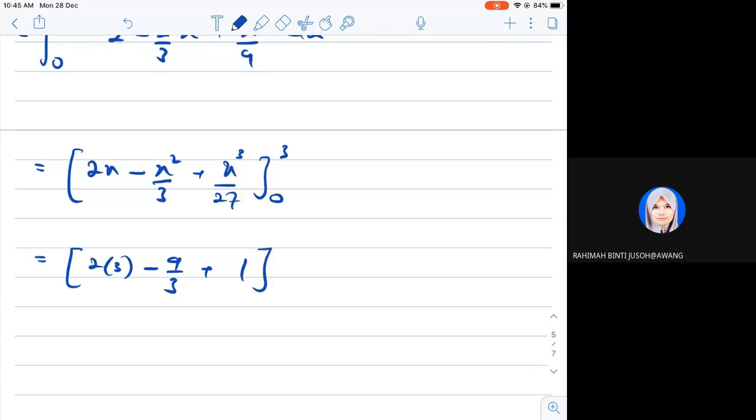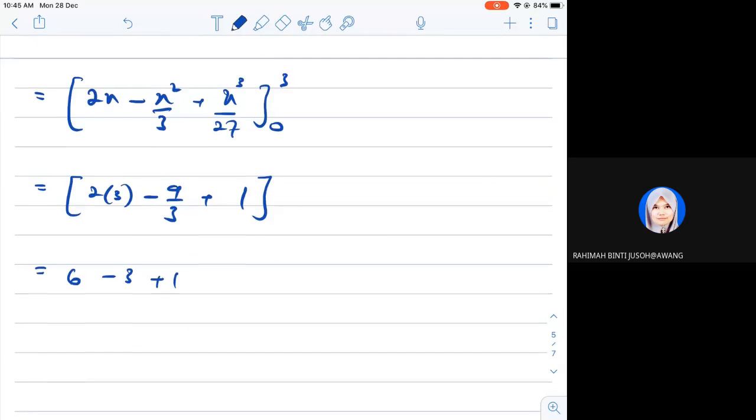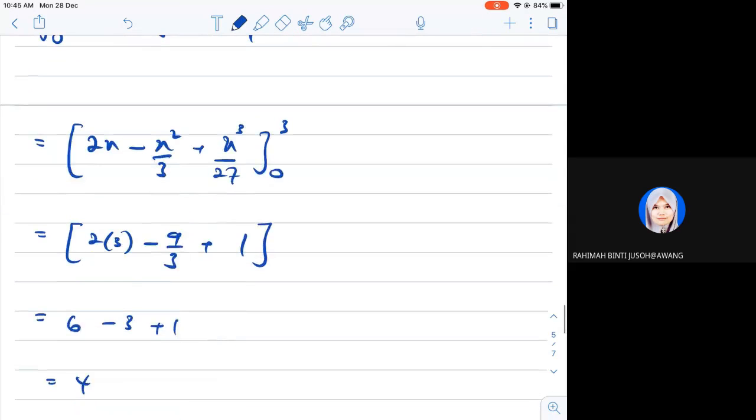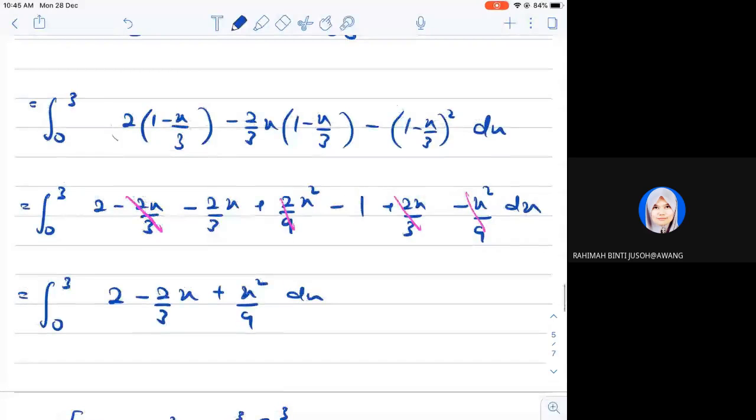So we have 6 minus 3 plus 1 equals 4. The answer of question number 2 is 4: 2 times 3 is 6, 6 minus 3 is 3, 3 plus 1 is 4. Did I make any mistakes here?